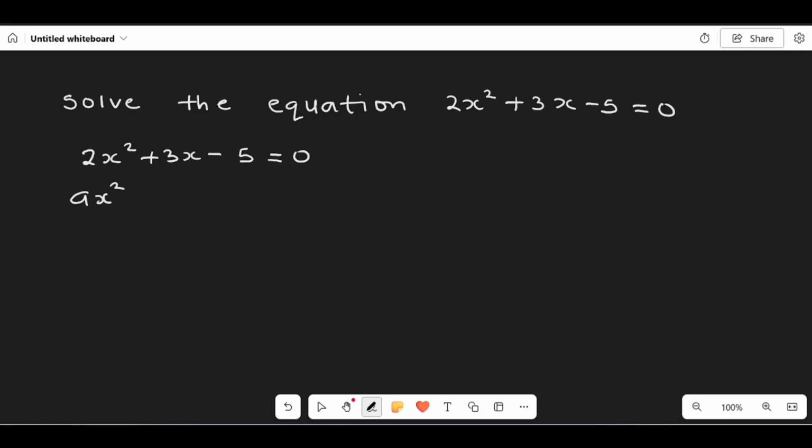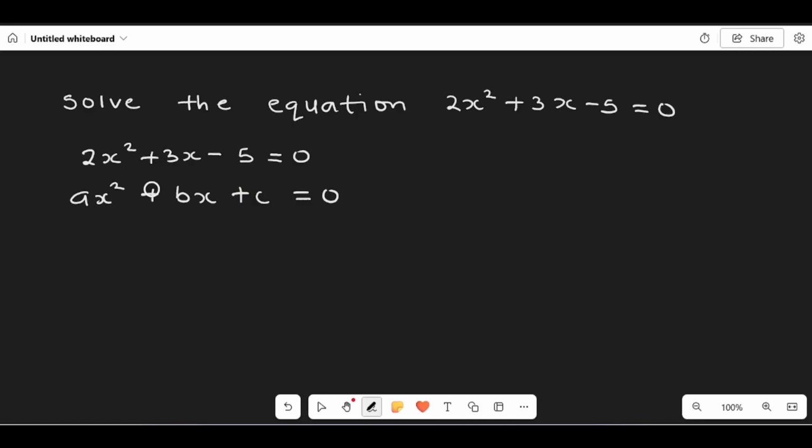ax squared plus bx plus c equal to 0. Let us compare these two equations in order to determine the value of our a, b and c.